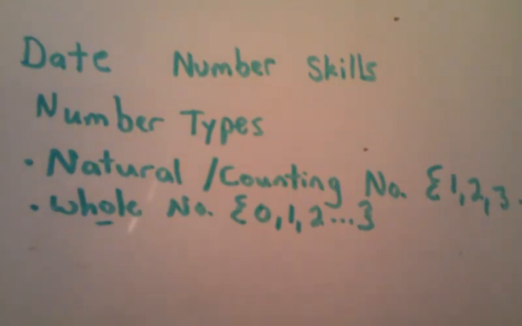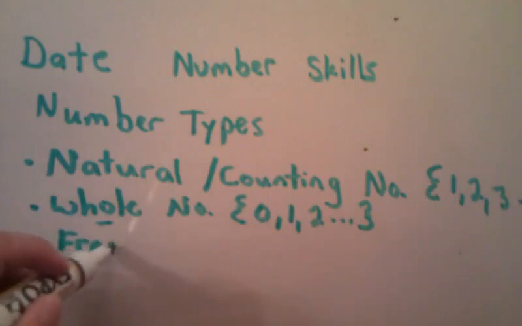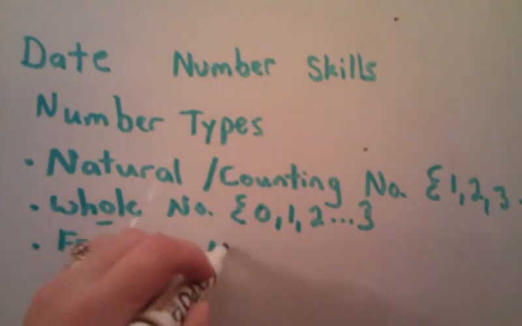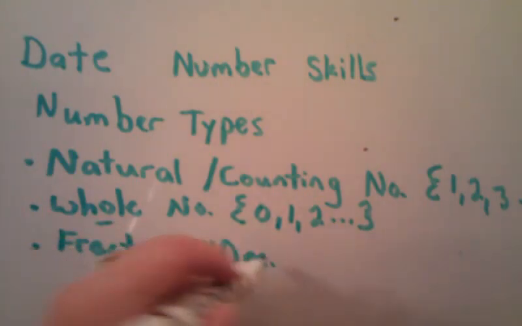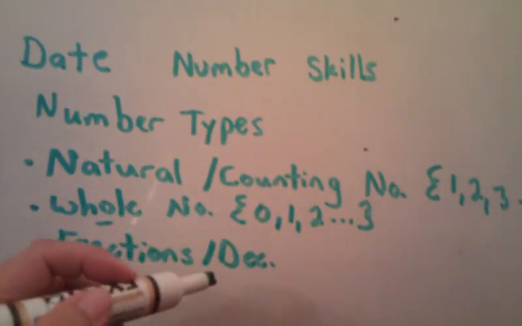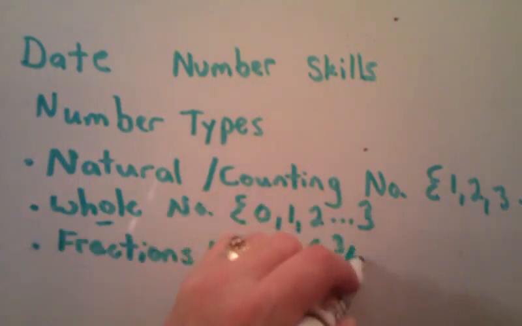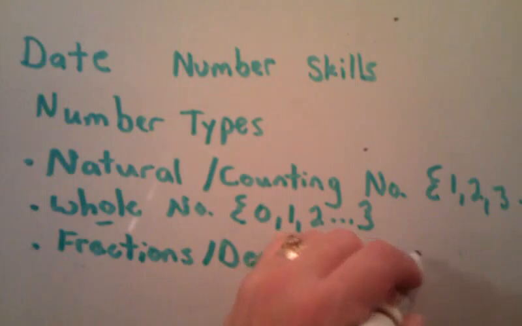And then we have fractions and decimals. Your fractions and decimals. Obviously, you either have to have a fraction or you have to have a decimal point.